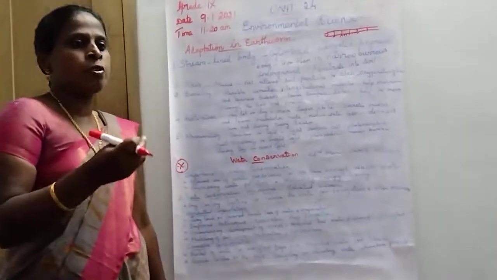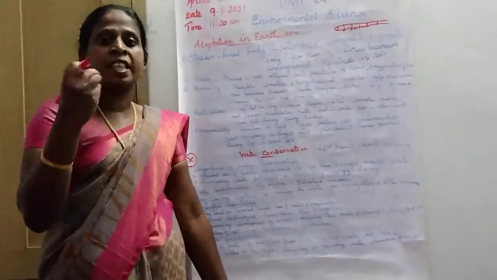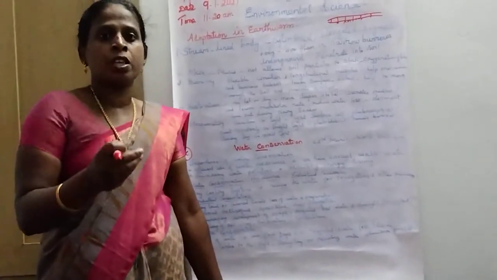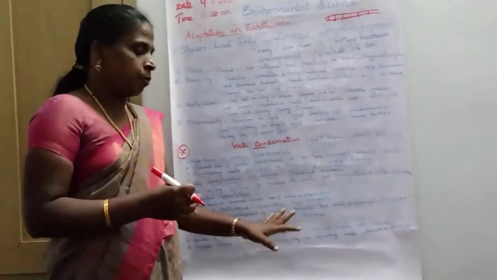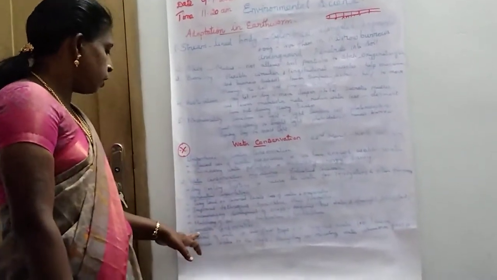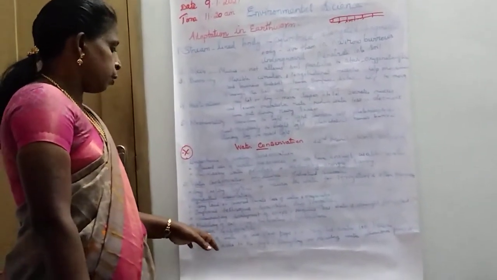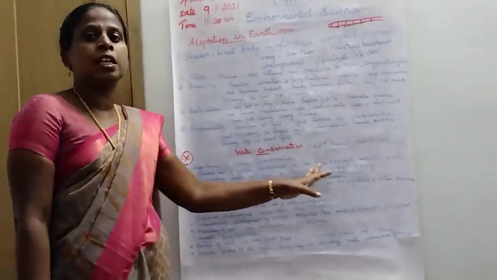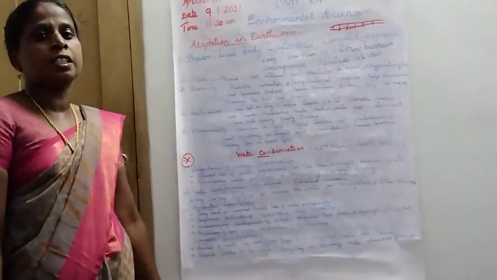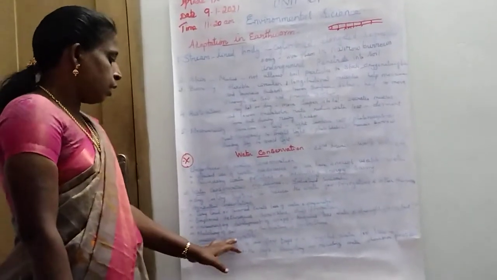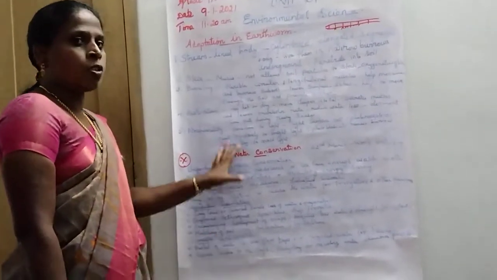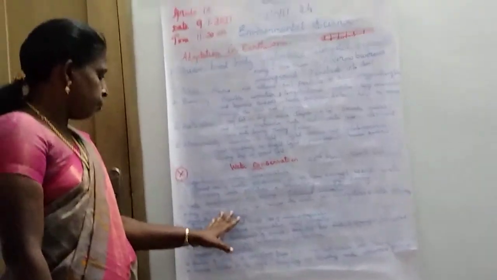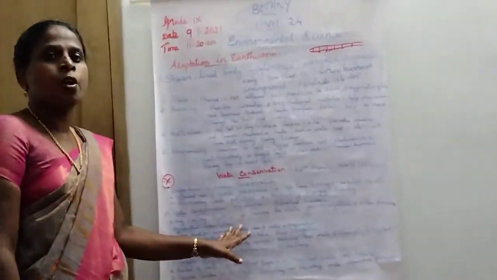The sewage water can be recycled and we can reuse it wherever it is possible. By that way we can conserve the water on the domestic side. So water conservation methods are of three types: industrial conservation, agricultural conservation and domestic conservation.